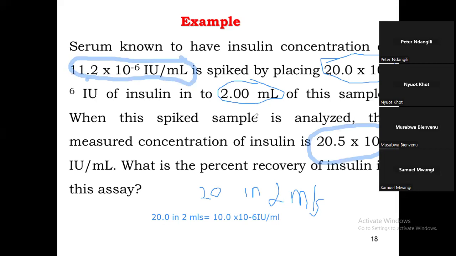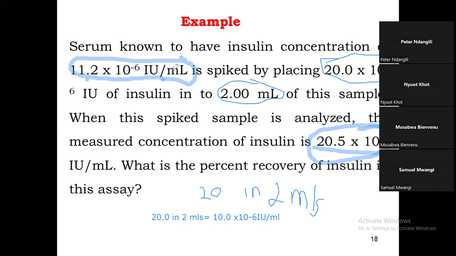How much you added should be equal to this concentration here, which you got, minus the concentration that was there before the spiking. In other words, when you take 20.5 times 10 to the power minus 6, which is the concentration after spiking, and then you subtract this concentration here, the concentration before spiking, then you are supposed to get the amount that you spiked.